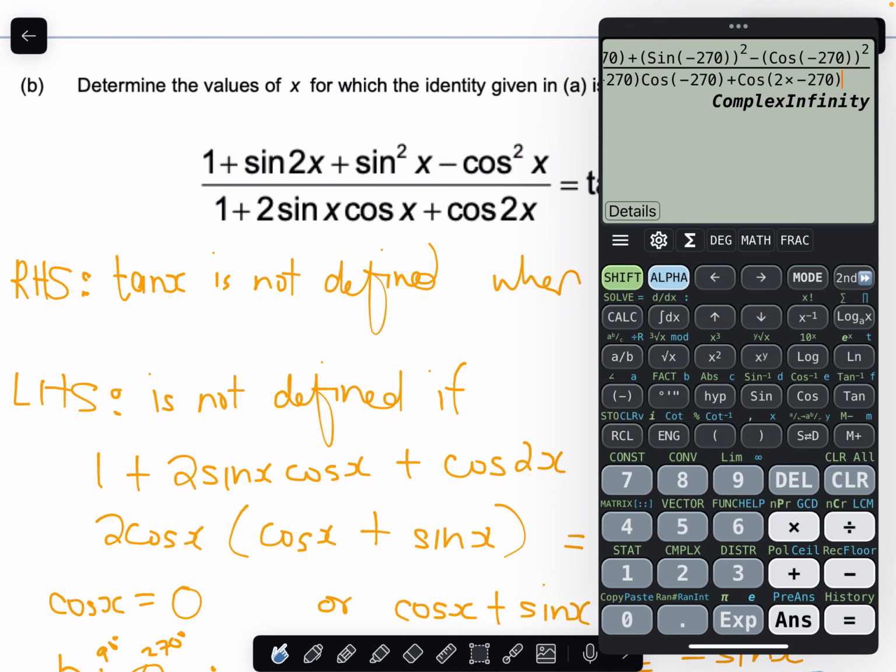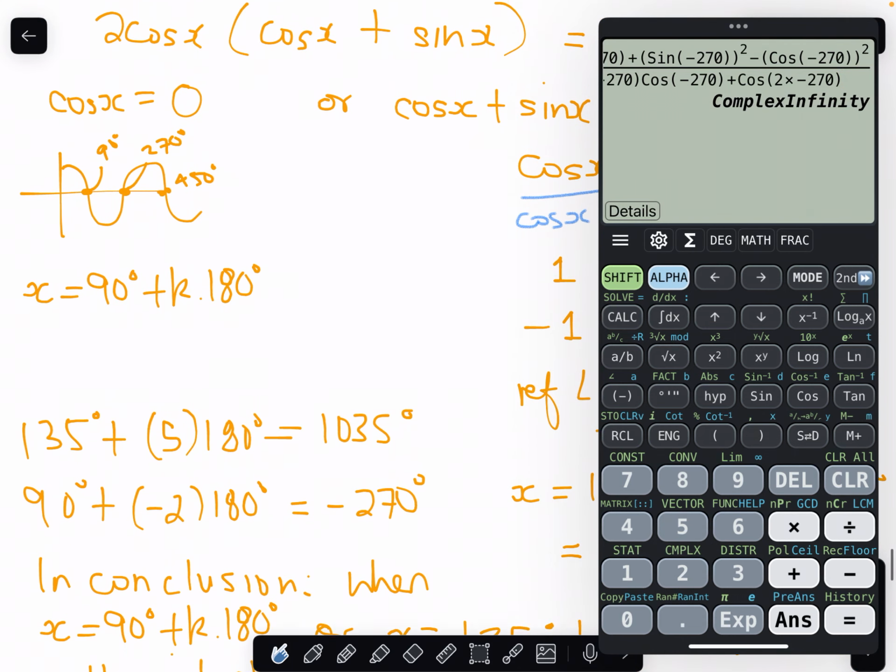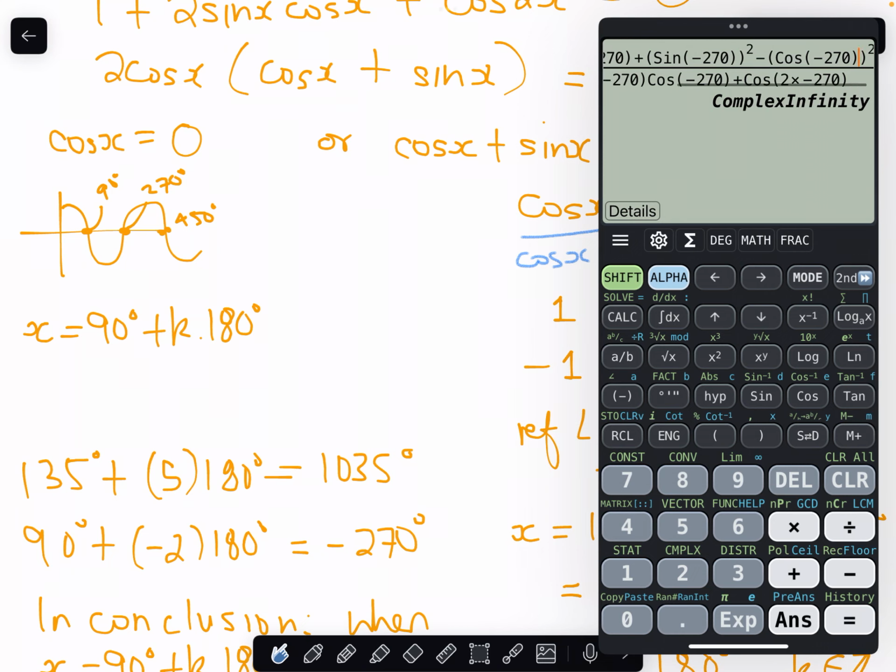Complex infinity, my goodness. Okay, so let's try with 1035. Indeterminate.